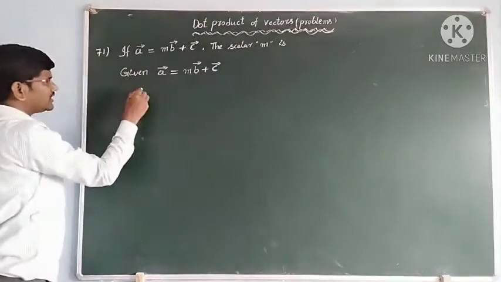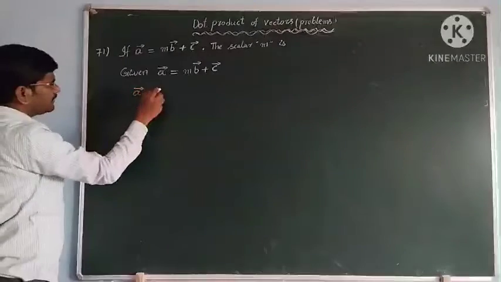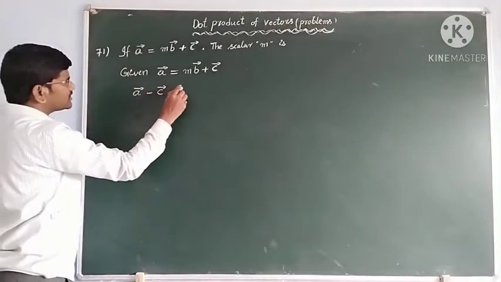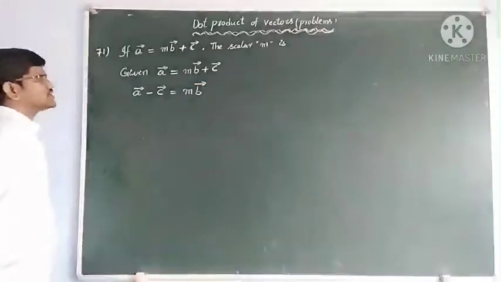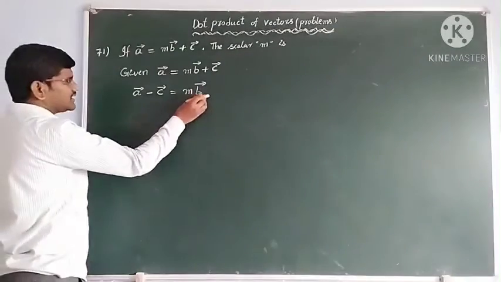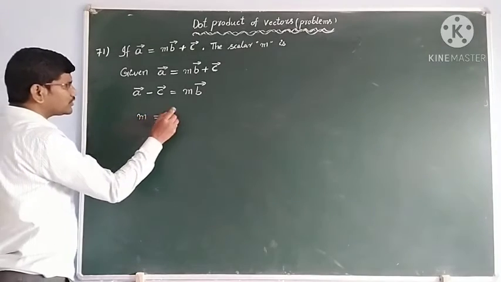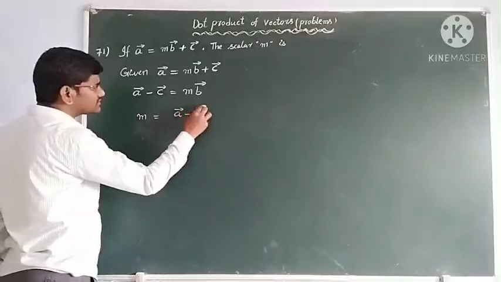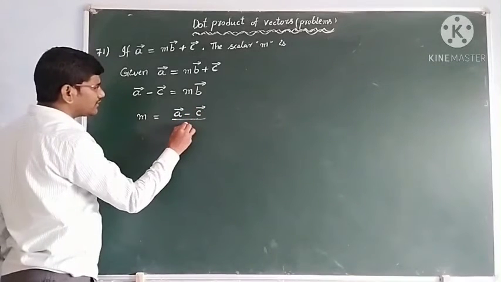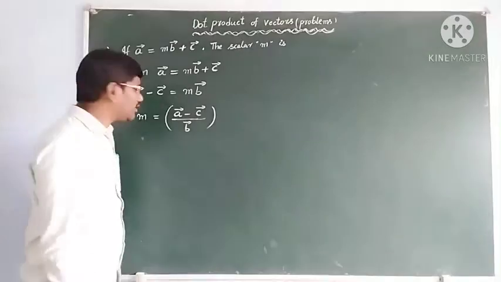Now bring that C bar to the left hand side, then A bar minus C bar is equal to M into B bar. Then make M the subject, send this B bar to the denominator, then M is equal to A bar minus C bar by B bar, we got it.